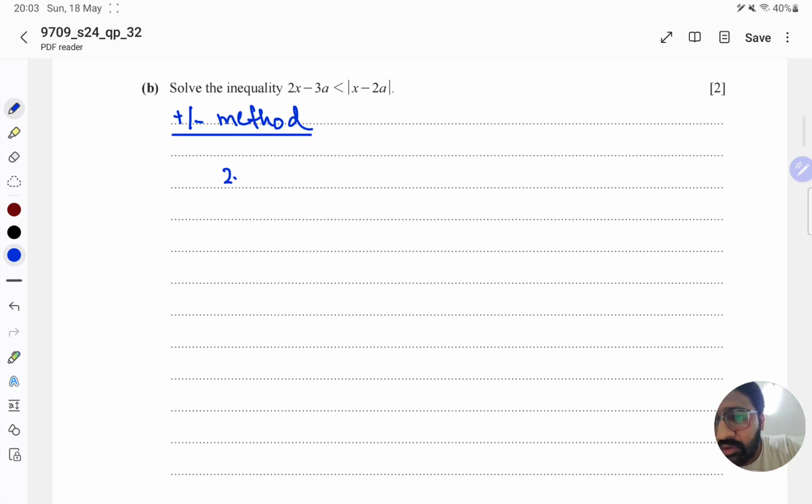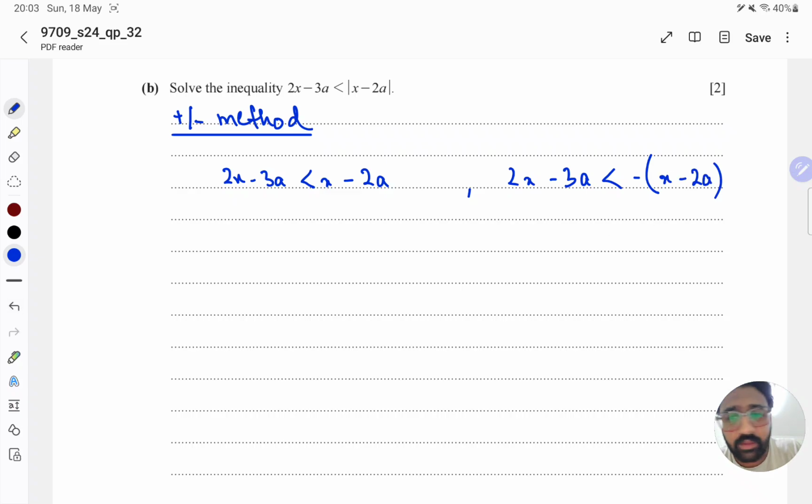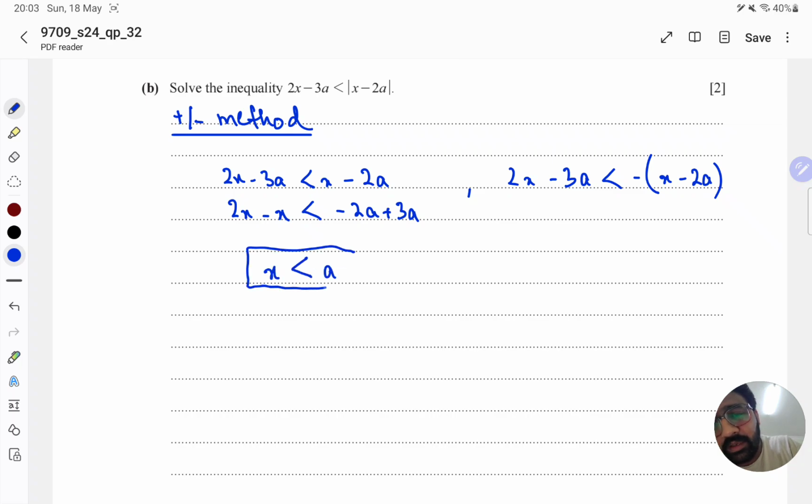So it will be 2x minus 3a less than x minus 2a, and the other time it will be 2x minus 3a less than minus x minus 2a. If I simplify the left hand side, it will be 2x minus x less than minus 2a plus 3a. The value of x will be less than a. This is one solution to the inequality.